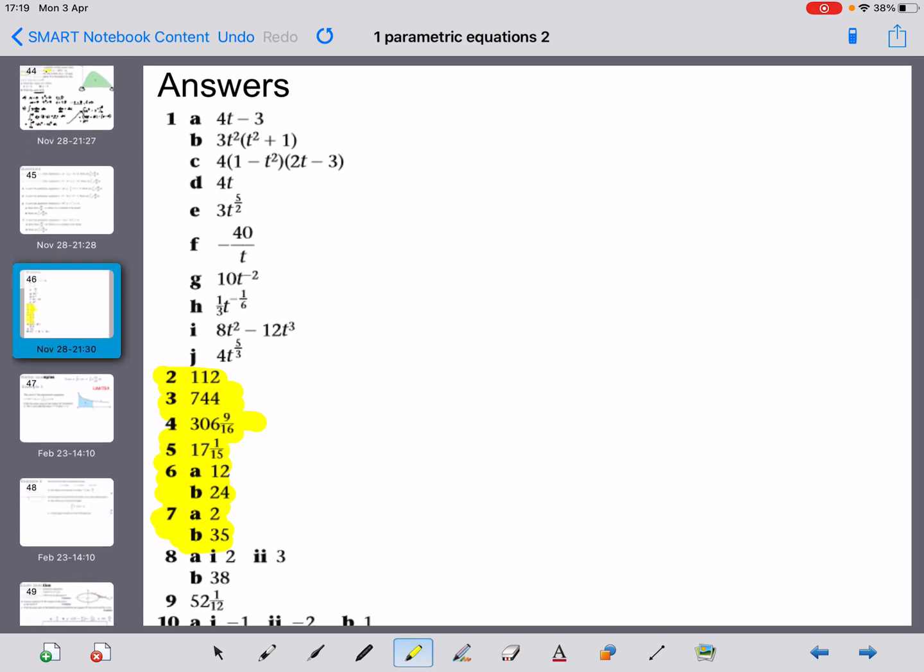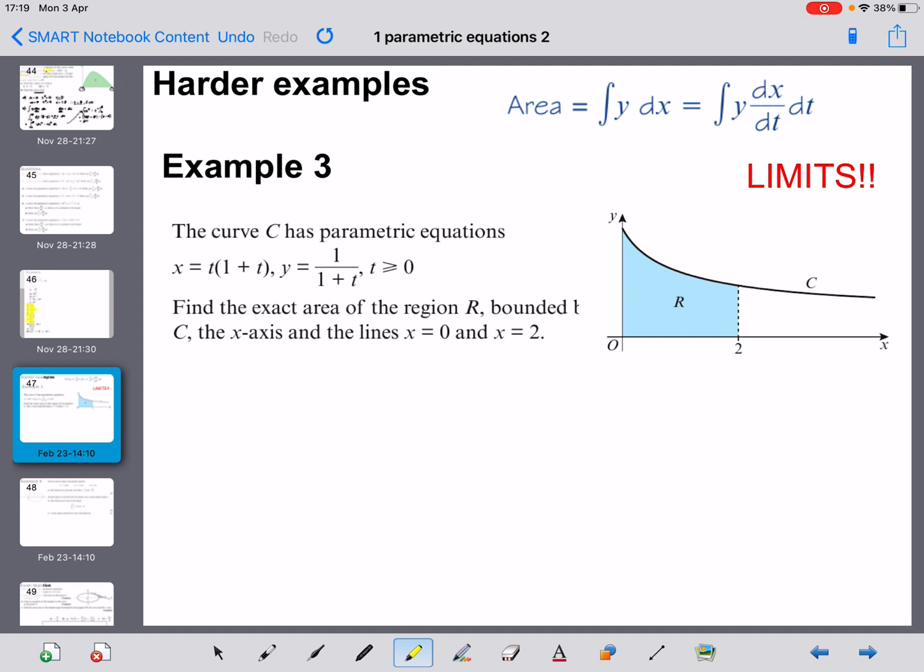Okay, let's have a look at a slightly more complicated one. The way that this will get more complicated is, well, two things. Obviously the integration can get harder. So by the time you've differentiated x and multiplied it by y, you could end up with something that requires integration by parts or integration by substitution.